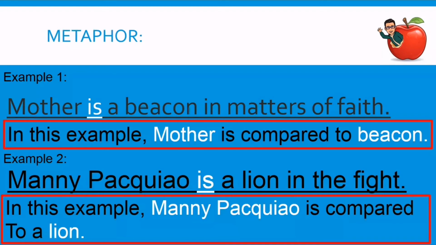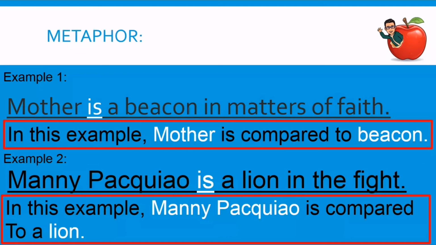Very good. So, the example number 2, Manny Pacquiao is a lion in the fight. What are the two different things here being compared? In this example, Manny Pacquiao is compared to a lion. What are the characteristics of lion nganong na-compare man sa kang Manny Pacquiao?